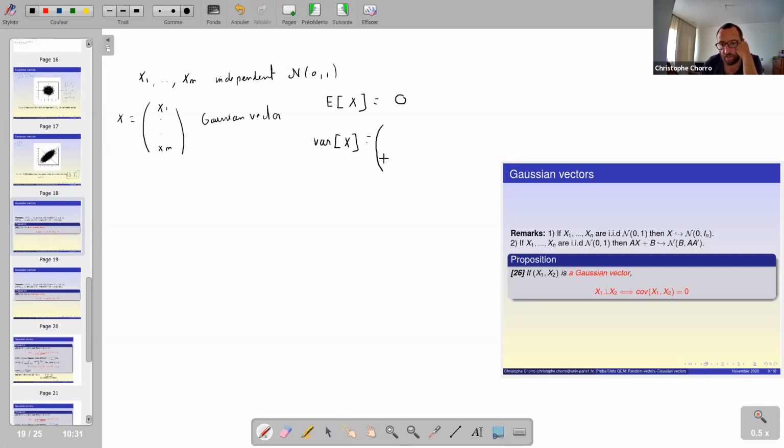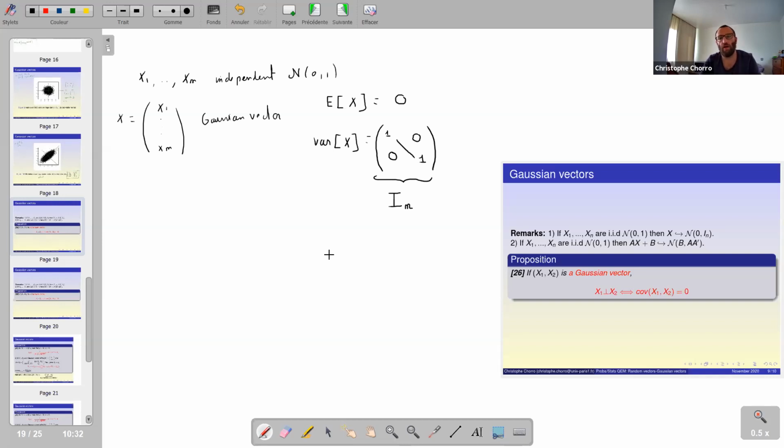So here I have the identity matrix of size n, 0 outside the diagonal and 1 inside, and I denote this matrix as I of n. So if you have n independent N(0, 1), the vector you obtain from my previous proposition is a Gaussian vector for sure, with an expectation that is 0 and a variance that is the identity.